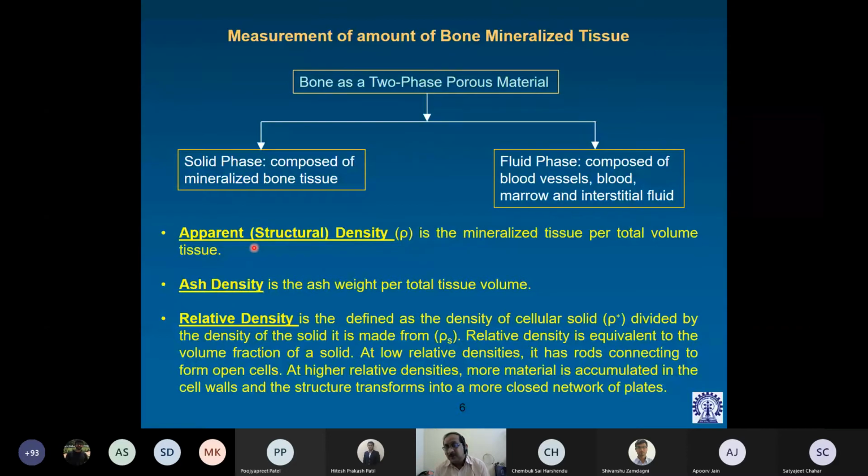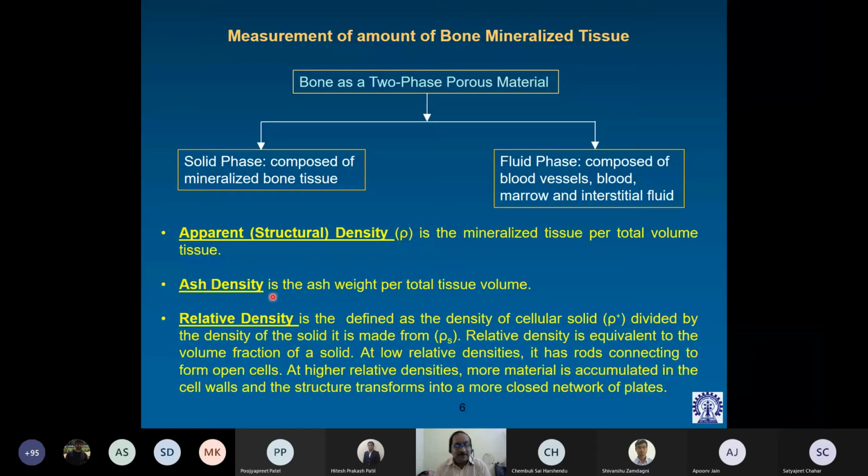Okay, so on the one hand, when we are measuring volume, we are considering solid plus fluid, but when we are measuring the weight, we are actually measuring only the solid part of the bone mineralized tissue. Okay, and then when we are calculating it, we are calculating an apparent density, not a real density. I hope you understand the difference.